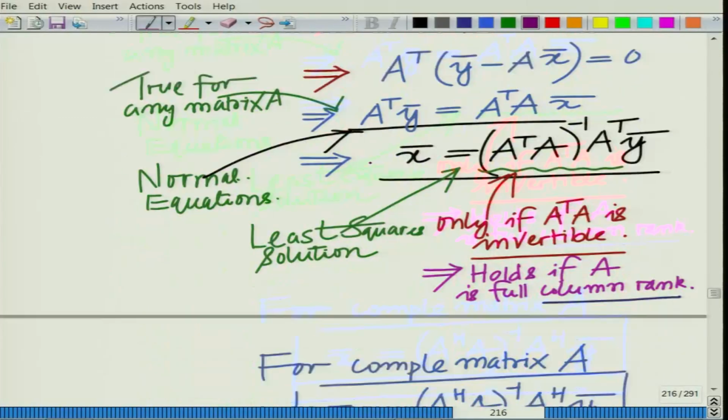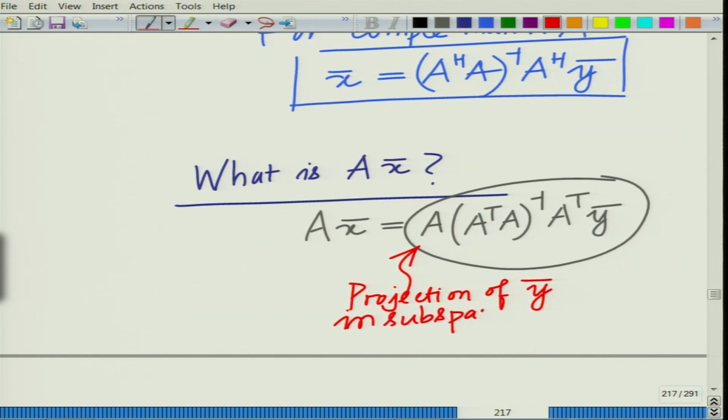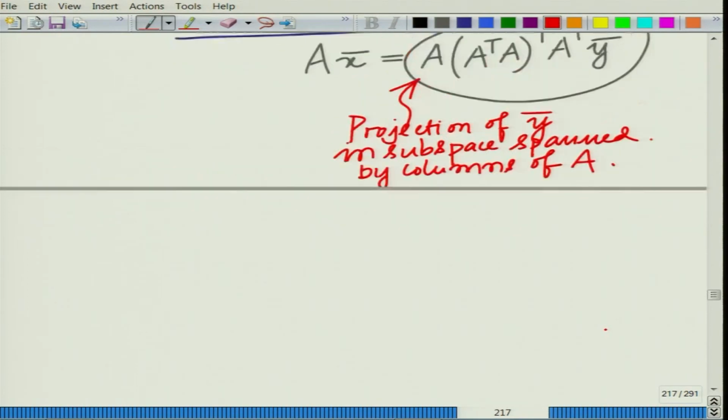So, this is the projection of y bar in the subspace spanned by the columns of A, right.